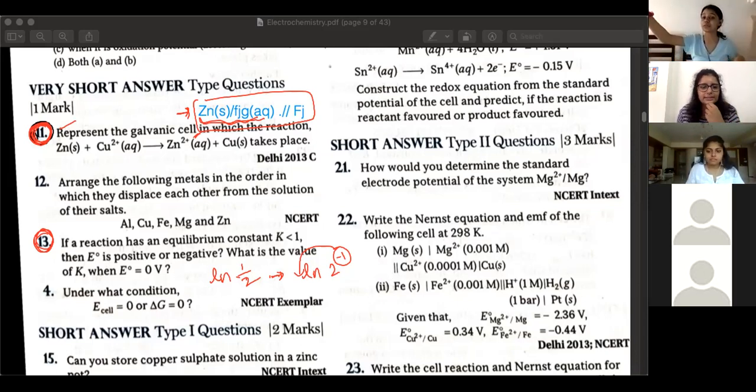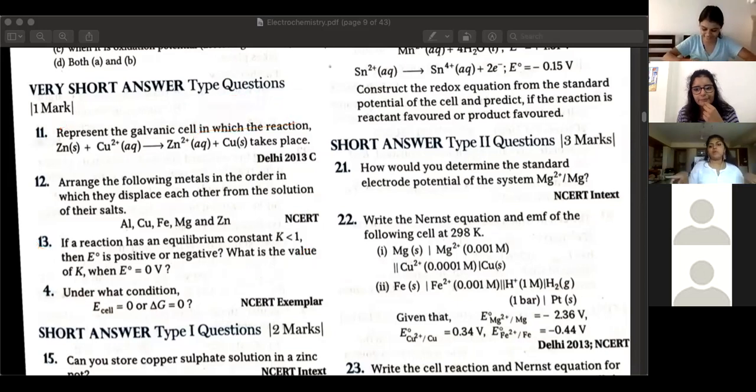Ansh, did you get the cell representation? Okay. So whenever we say cell representation, it's going to be of the form: the oxidation half, separated by two lines which represent the salt bridge, and then the reduction half.